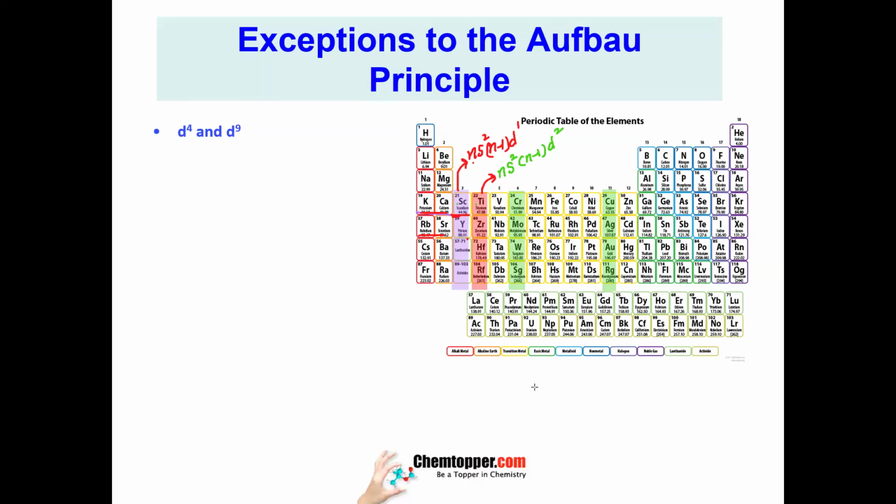Get the general configuration of the chromium family, which is extra stable because of the exactly half filled configuration. One electron jumps from s to d. Waiting for the answer.